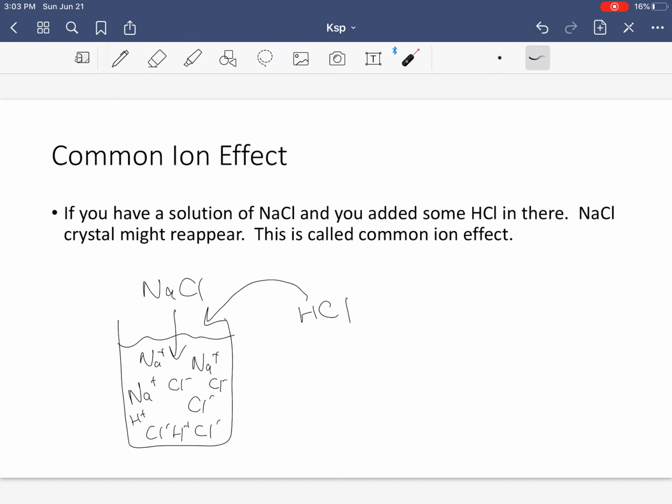Now, what will happen here? Is it just for the fact that, oh, there's a lot of chlorine ion and it's going to be acidic? No, no. There's more than that. If you decide to put a lot of this in here, what might happen is these guys will say, oh my gosh, that's a lot of chlorine.